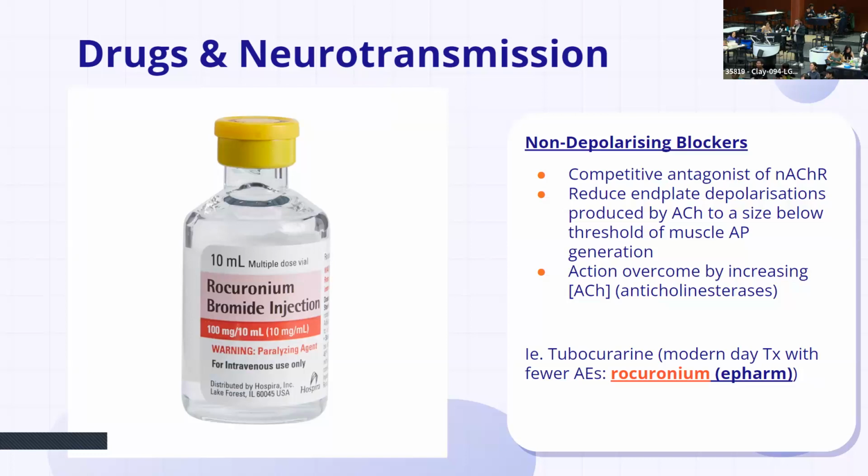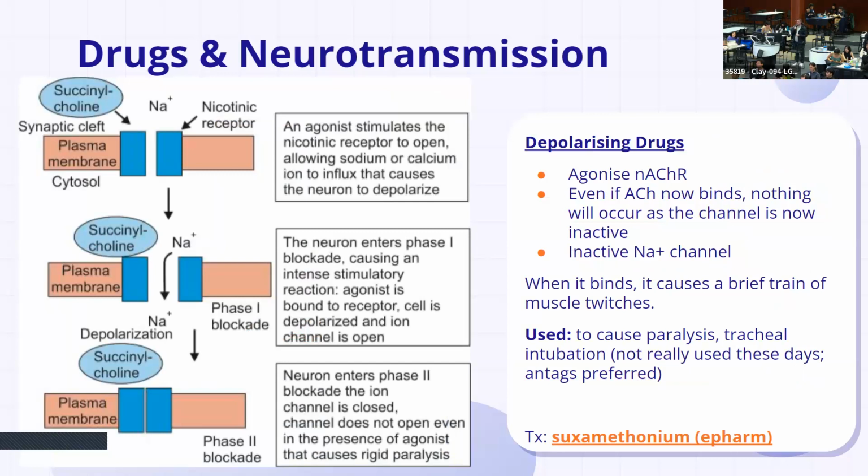The reason we don't really use our depolarizing blockers, which is on our next slide, is because of the drug suxamethonium. If you get suxamethonium, it will bind to the nicotinic receptor, but it is an agonist. It's going to bind to the receptor and, because it's a ligand-gated channel, it'll open that receptor, sodium will flow in, and the receptor will now be inactivated.